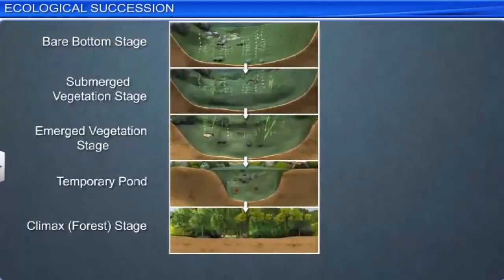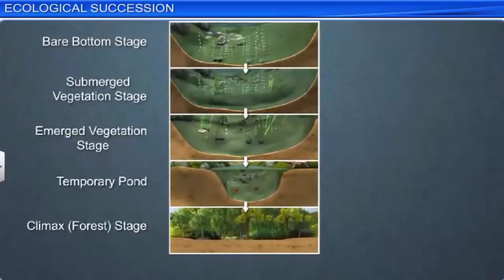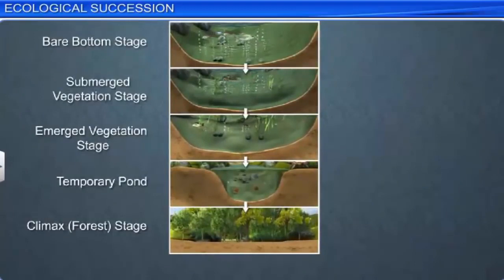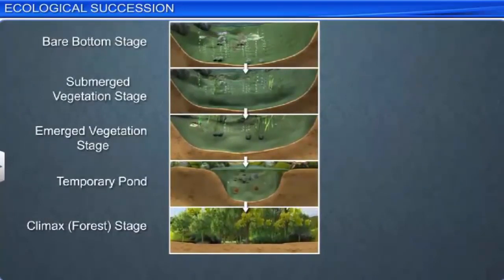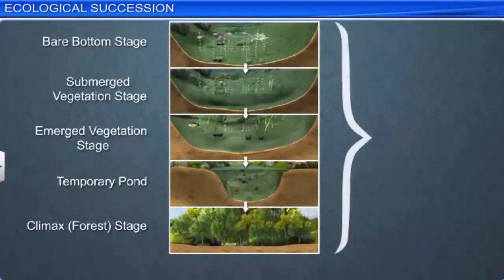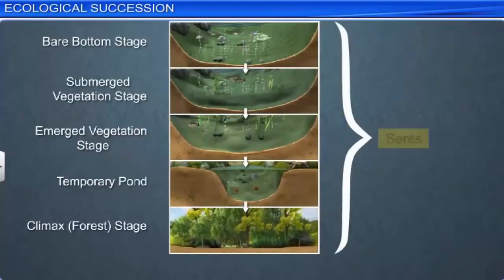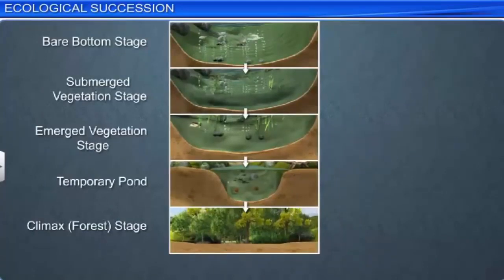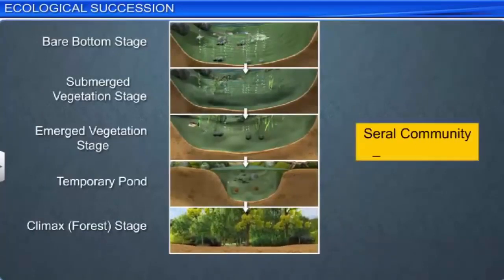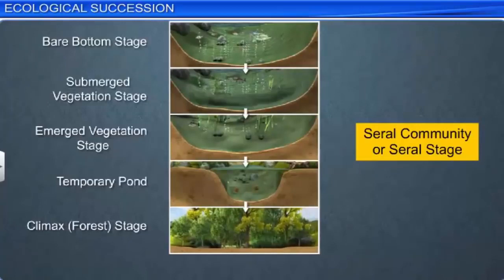Also, in the process of ecological succession, the sequence of communities that replace one another in a given area is known as a sere or seres. Each transitional community is called a seral community or a seral stage.